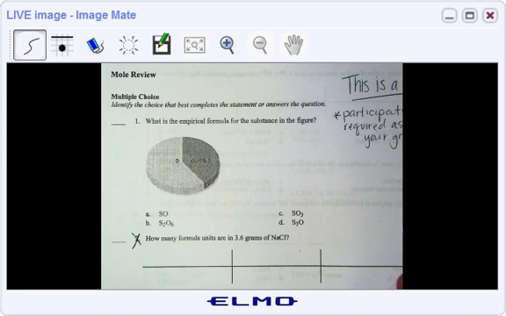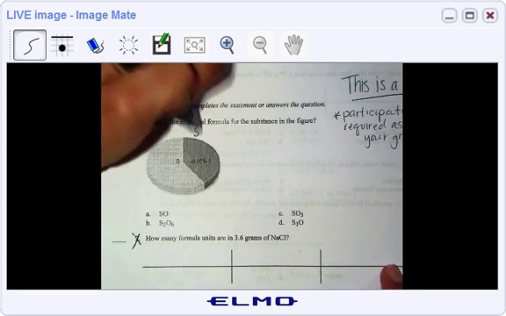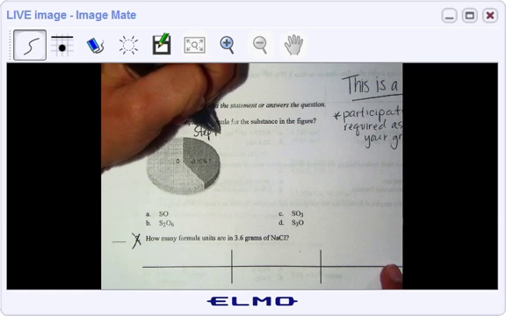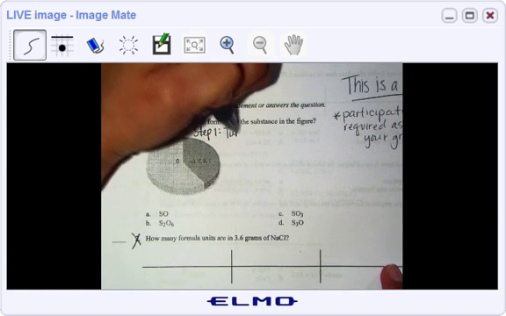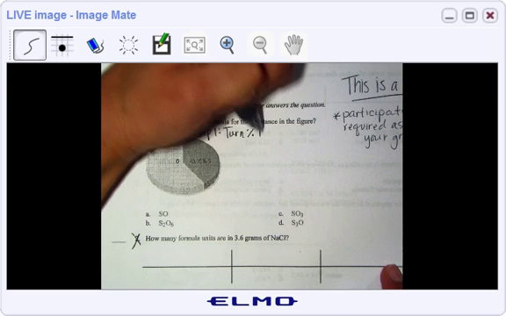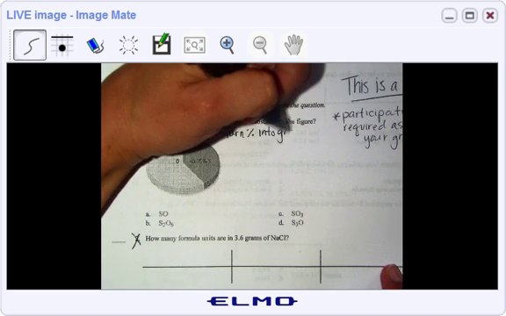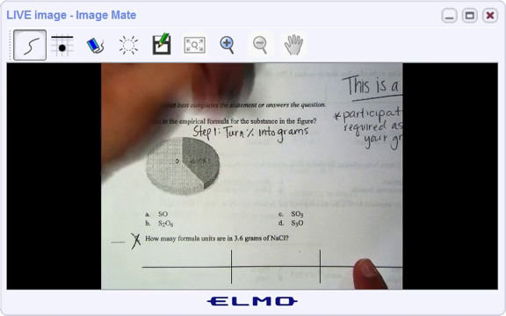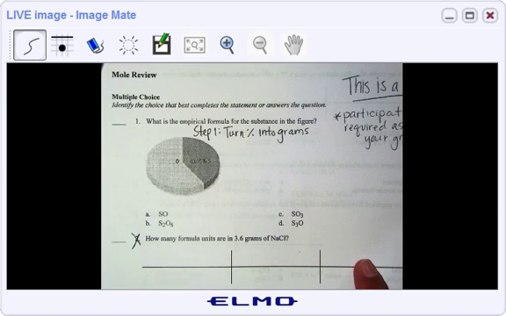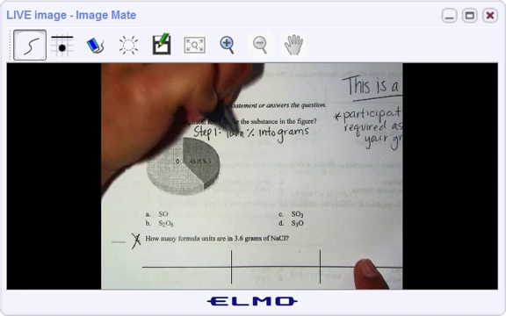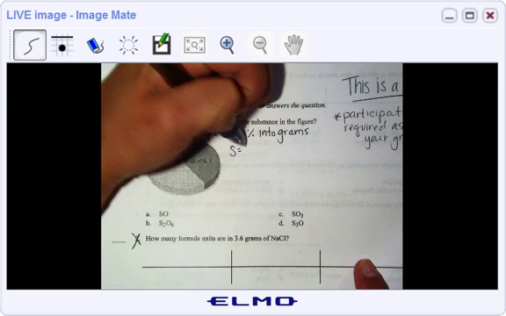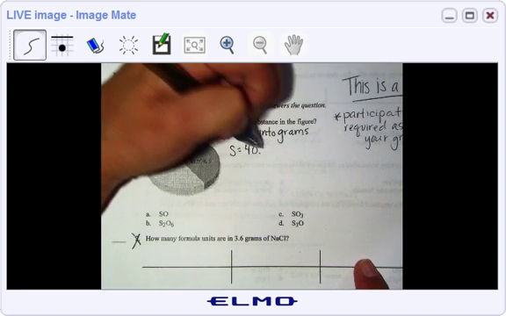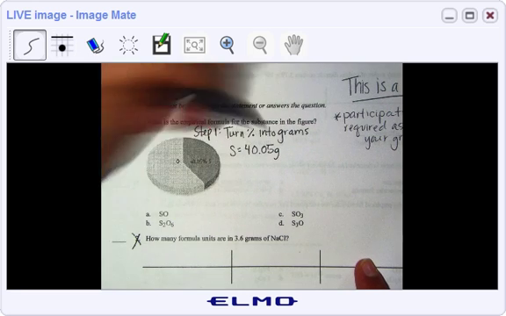Okay, for empirical formula, there's several steps. So step 1, turn the percent into grams. And this does not require any calculation. You're literally just changing the percent sign to the letter G. So for sulfur, you have 40.05 grams.